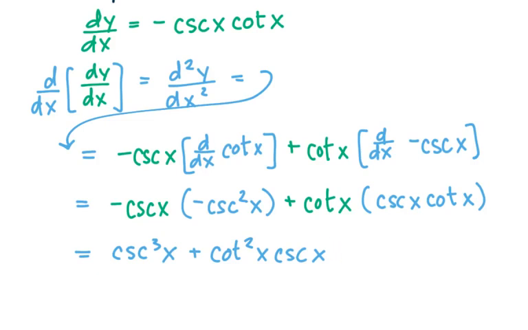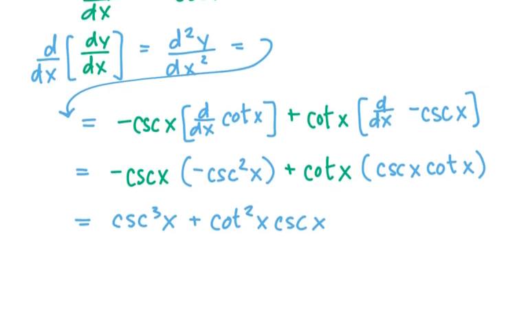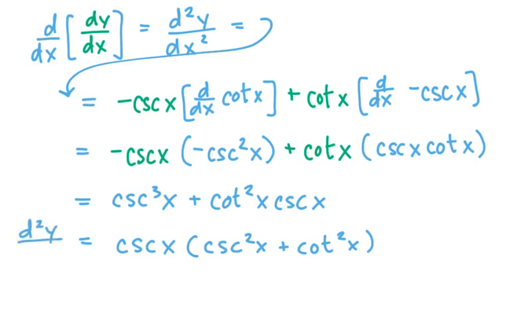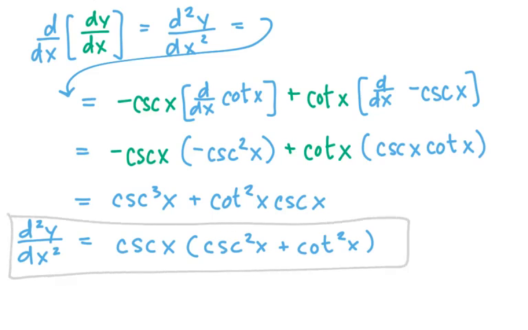And that could be my final answer. Of course, I always like to look and see if I can factor more. So in this case, I could factor out a cosecant x, and that would leave me with cosecant squared x plus cotangent squared x. Either of those are fine as my second derivative. All right, so I hope that helps you a little bit more with understanding repeated derivatives as well.